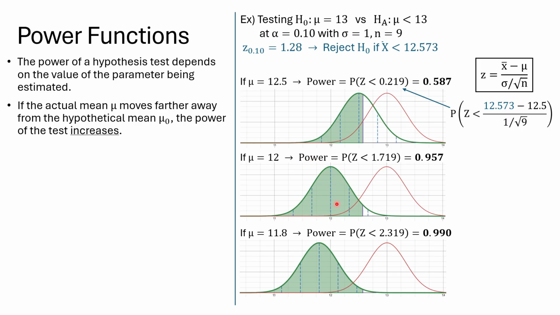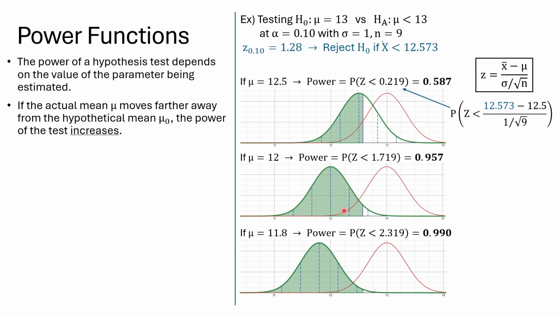In fact, a z-score for this value of 12.573, if the true population mean were 12, and we have a sample size of 9 and standard error of, let's see, 1 over root 9, would be 1.719. So we will have a power, we'll be rejecting the null hypothesis 95.7% of the time. The probability that the z-score is less than 1.719 is 95.7%.